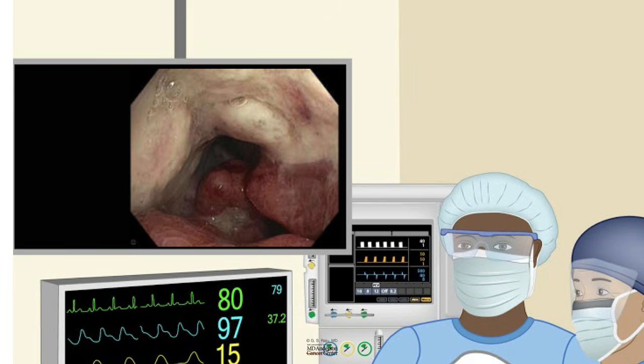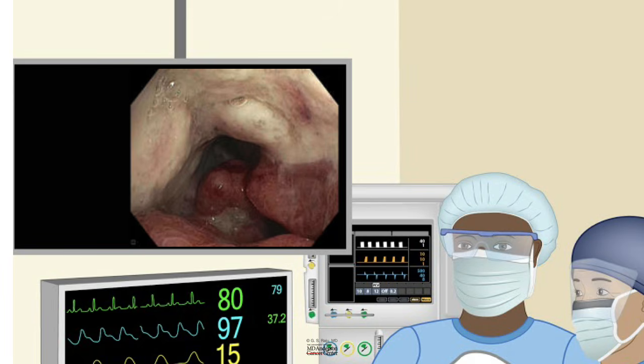We all should be focusing on the screen, whether it is a nurse or a technician, in addition to the endoscopist, so that when you see pathology, you should anticipate what needs to be done and get ready for that.